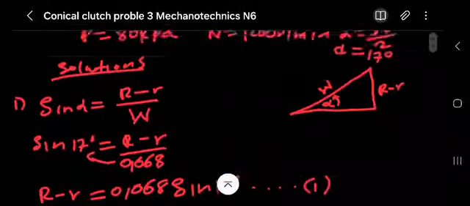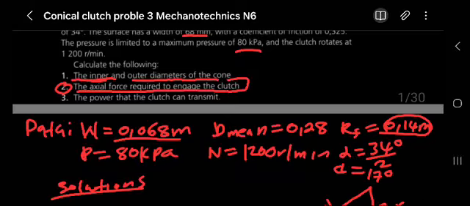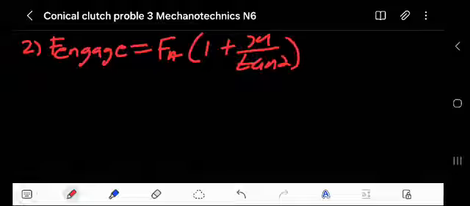Anyway, question 2 says determine the axial force required to engage the clutch. To engage the clutch, take note there, we know that the force to engage the clutch is equal to F axial times (1 plus coefficient of friction times tan of the semi-cone angle). So we don't have the axial force, that is what is limiting us.